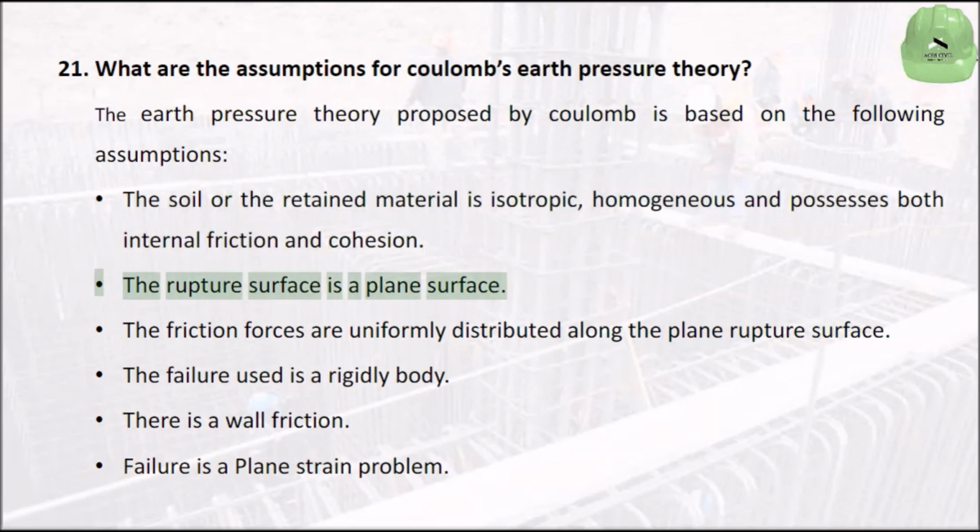The rupture surface is a plane surface. The friction forces are uniformly distributed along the plane rupture surface. The failure wedge is a rigid body. There is wall friction. Failure is a plane strain problem.